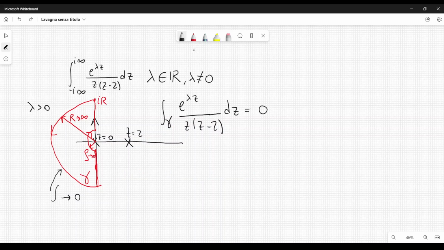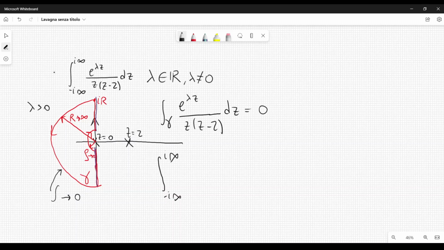The only contributions will be given by these vertical lines, this one and this one here, and when capital R goes to infinity and rho goes to 0, those two vertical lines will give me the integral from minus i infinity to i infinity. And now I should be more precise here if you want, because this discontinuity here, z equal to 0, is excluded from the integration.